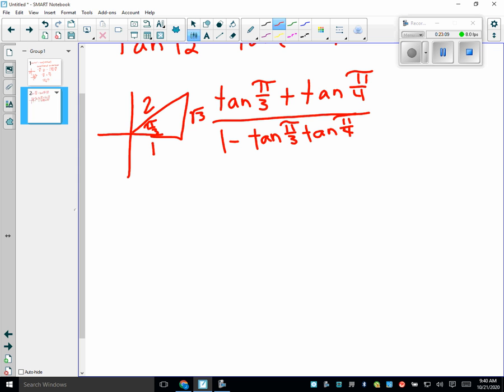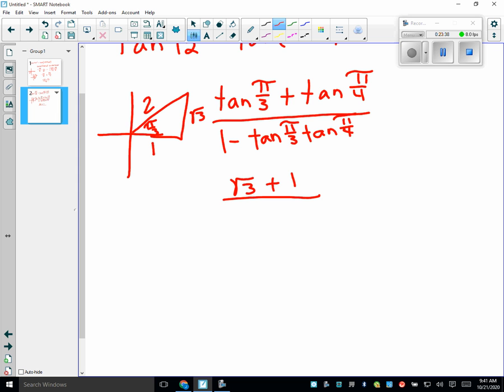Radical 3. Plus 1. Is the tangent of pi over 4 1? Yes. Are you supposed to know that? Yes. Do I? Not necessarily. Should I? Absolutely.